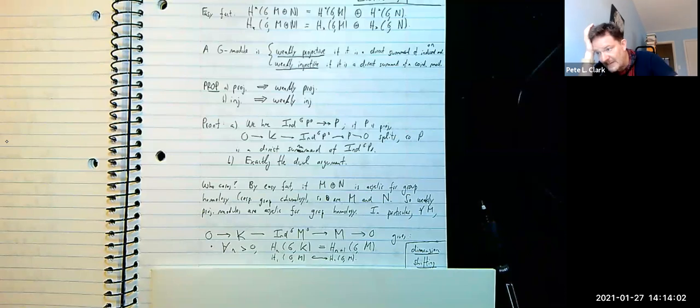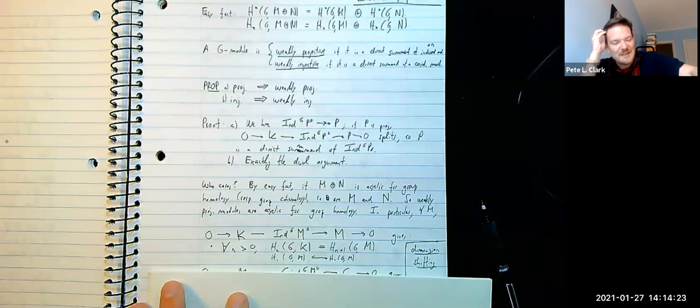And once again, every module whatsoever is canonically a quotient of an induced module. When you take homology, that becomes very useful. We're going to have a long exact homology sequence, and because it's homology, I'm still pretty sure the long exact homology sequence will go from right to left.